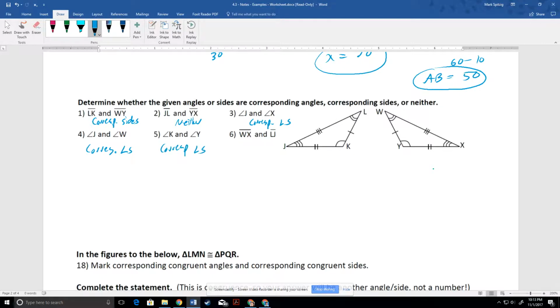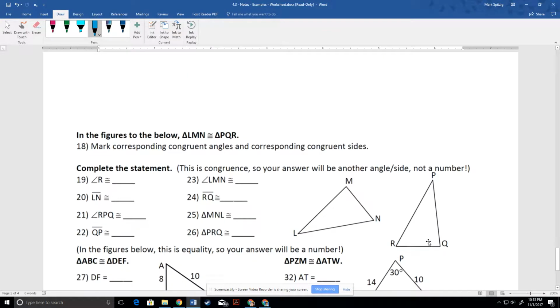And then WX and LJ, those are corresponding sides. Let me double check the one that I got neither. It was JL and YX. Yep, that's definitely neither.